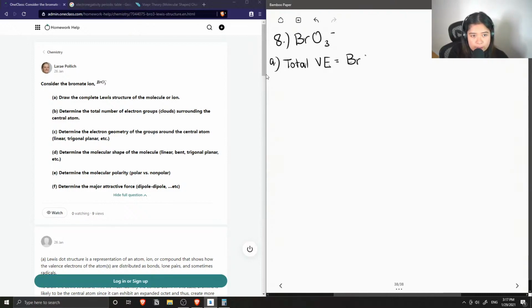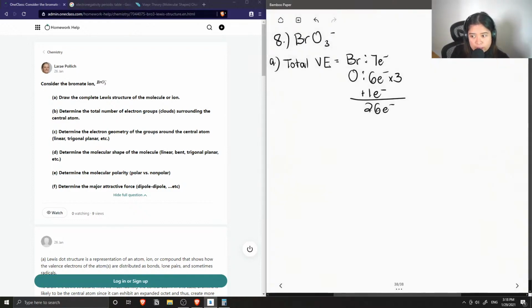So bromine has 7 valence electrons, and oxygen has 6, and we have 3 oxygen atoms, so we multiply that by 3. And you'll also notice that the ion has a -1 charge. So this means an additional electron needs to be added to our total electron count. And we end up with 26 valence electrons in total.